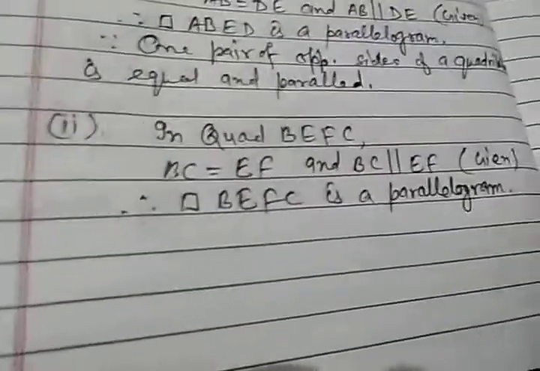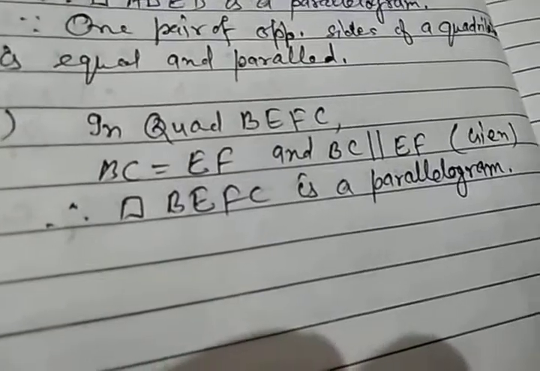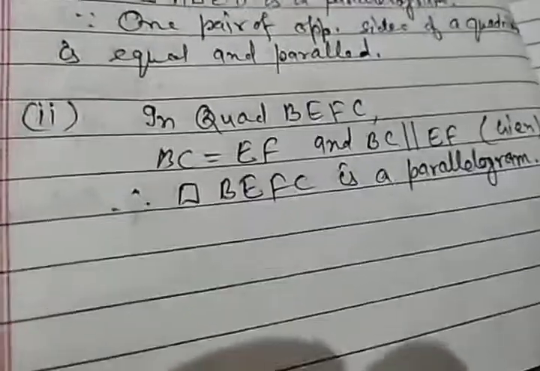Same property, because one pair of opposite sides of the quadrilateral is equal and parallel, hence it is a parallelogram.